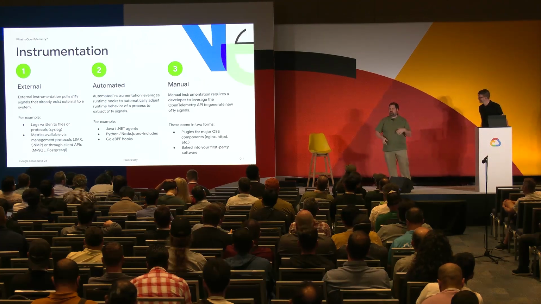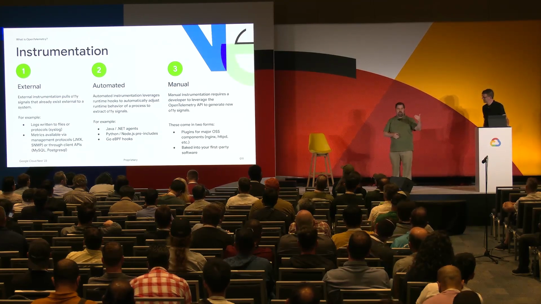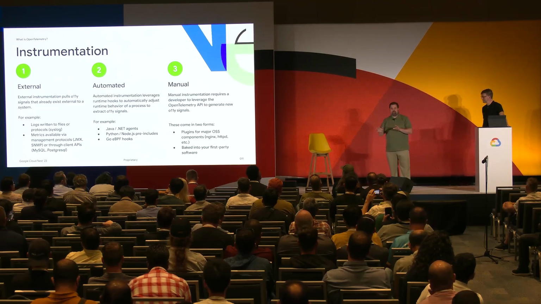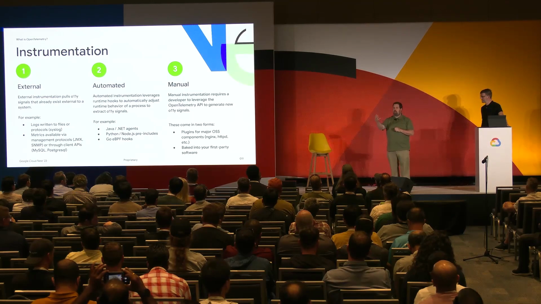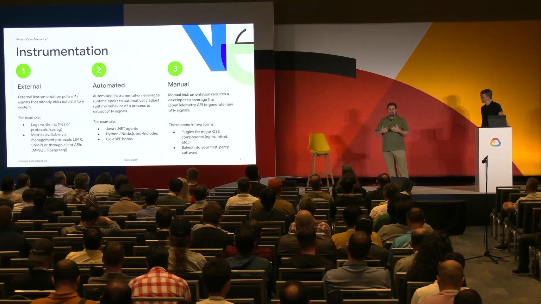External would be if I'm using, say, a Java application. How many people here use Java? Yeah? Awesome. If you're familiar with JMX, it was this management protocol that was designed to directly update values. And we started to maybe misuse the protocol for observability, where we would call this and look at the values that were available in this management interface and turn them into metrics.